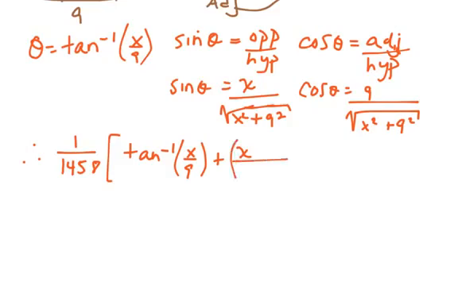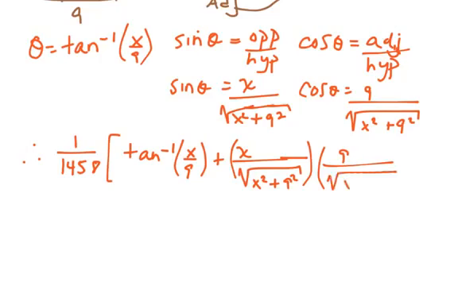I'm going to write this out in parentheses and see if we can do some algebra to clean this up a little bit. And cosine is 9 over the root of x squared plus 9 squared. Plus a constant.